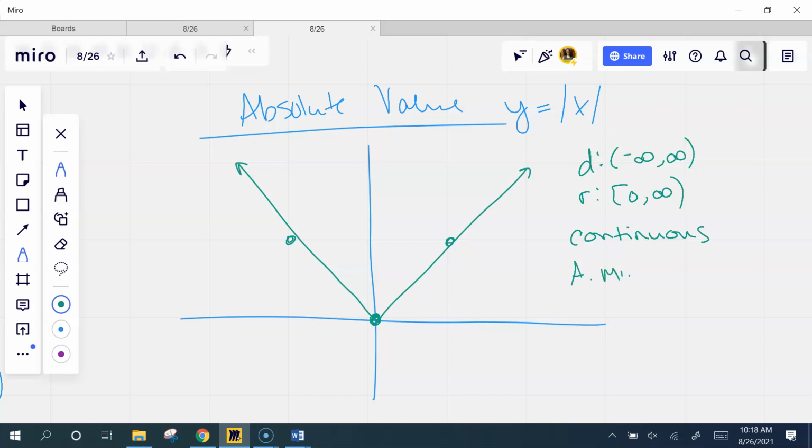Absolute min at 0, 0. Any zeros? At 0. How about symmetry? Even.